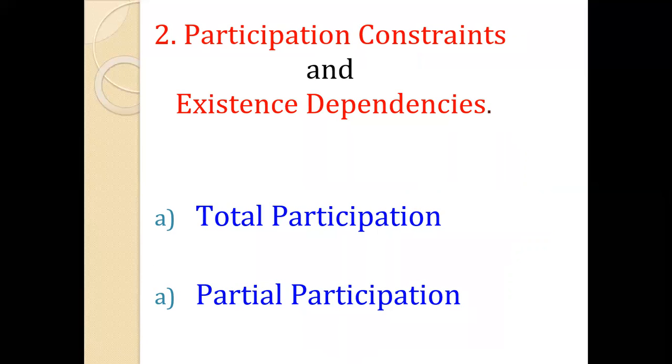So don't get confused between the cardinality constraints and participation constraints here. Participation constraints define the minimum number of relationship instances of one entity that relate with another entity.